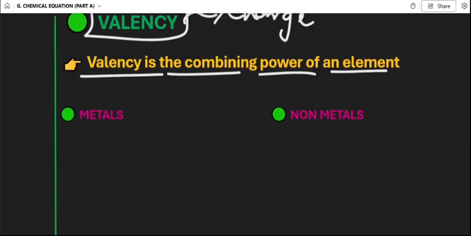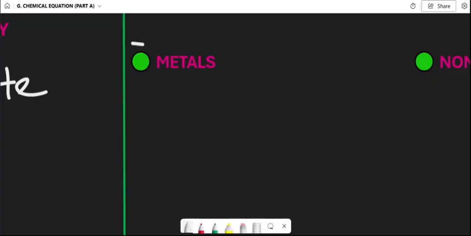Now we are going to learn how the valency of a metal, a non-metal, and likewise the valency of noble gases should look like. So coming down here, a metal. Most of the time, the valency of an element is determined by the atom's electrons.